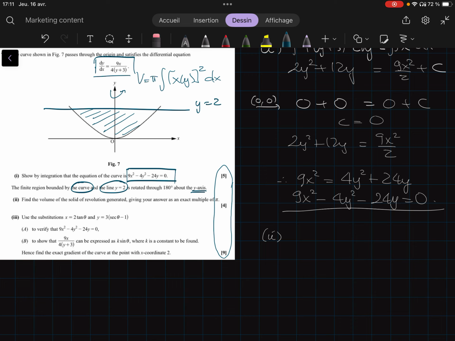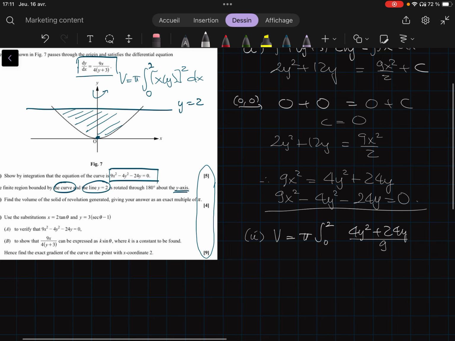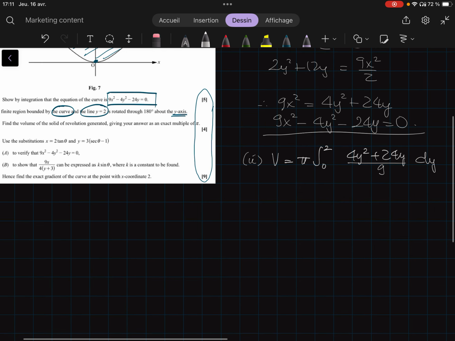The lower bound is 0. The upper bound is 2. Volume of revolution, that is pi times the integral from 0 to 2. X in terms of y, that will be 4y squared plus 24y divided by 9. This is nothing more than basic integration, people.